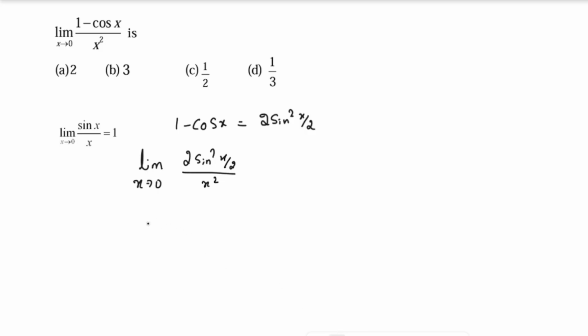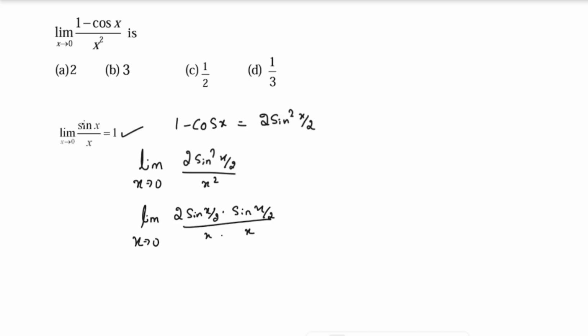Now I just want to get this in the required format. So I will write the given expression as 2 sine x by 2 into sine x by 2, whole divided by x into x.